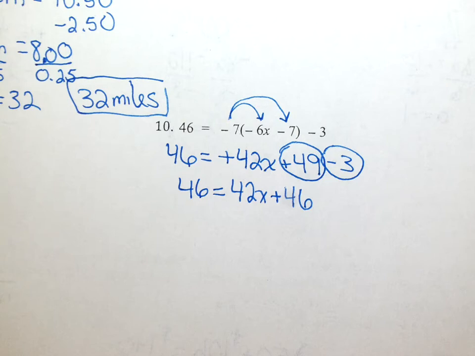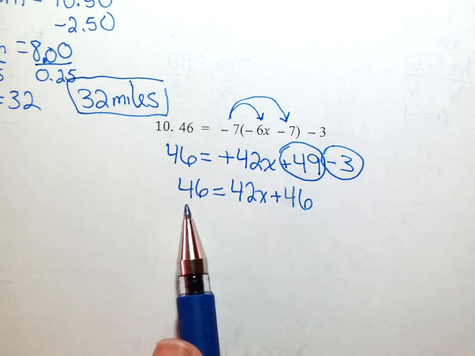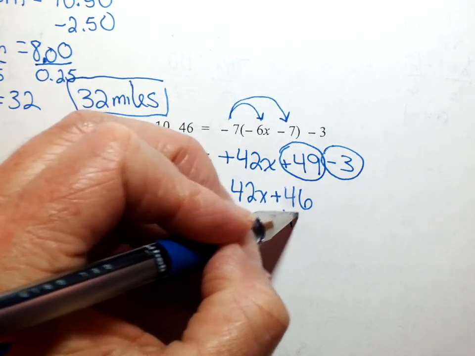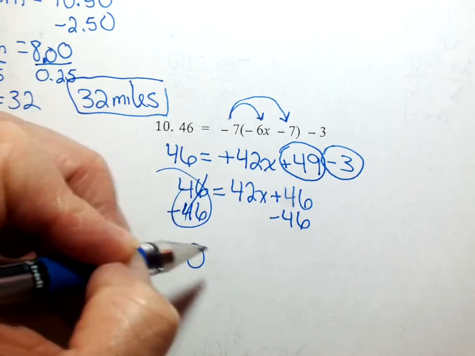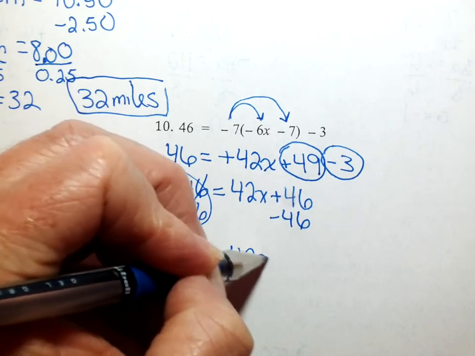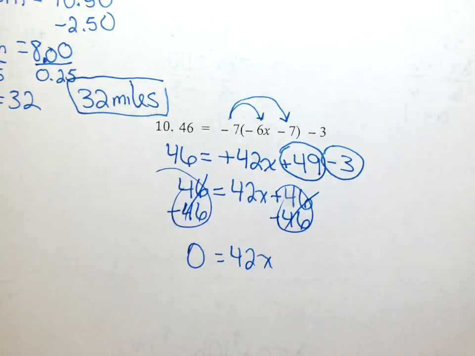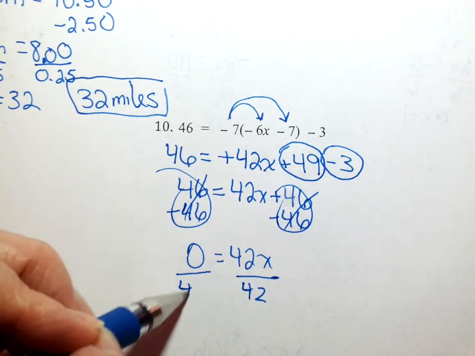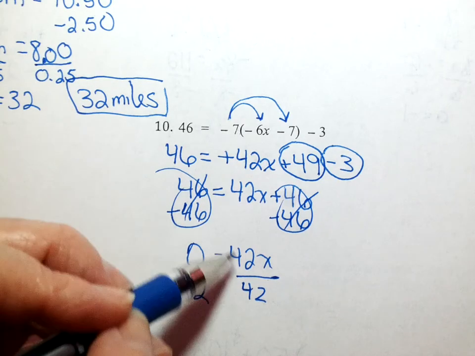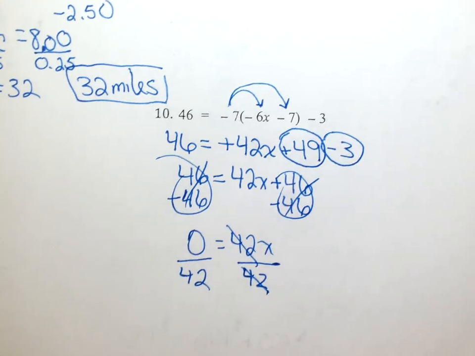Oh my cow. They did it again. Look at this. If I subtract 46 here and I subtract 46 here, what's going to happen? They cancel. Okay. Divide by 42. These cancel.